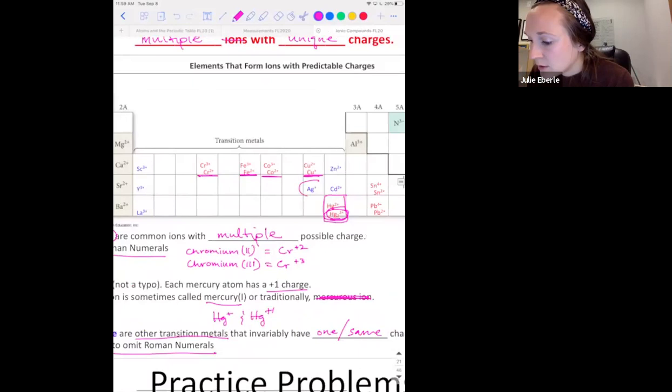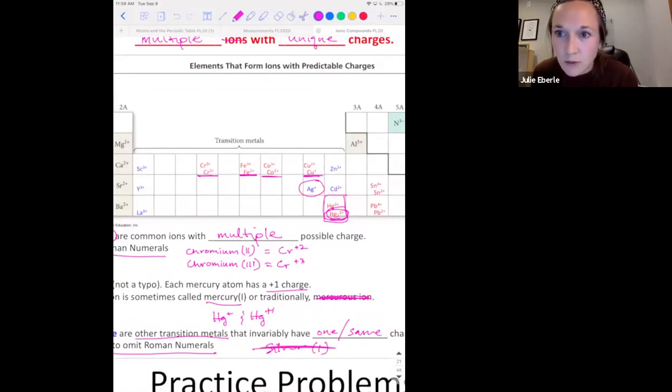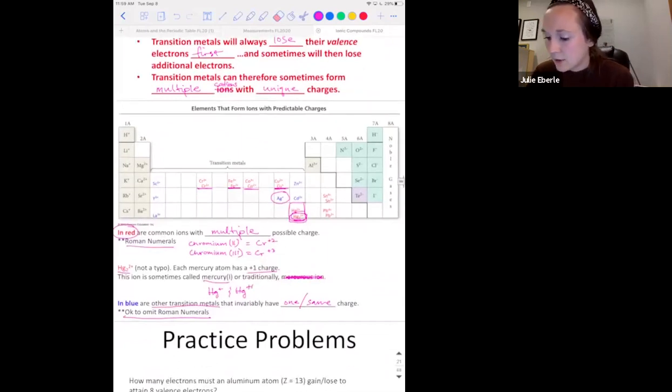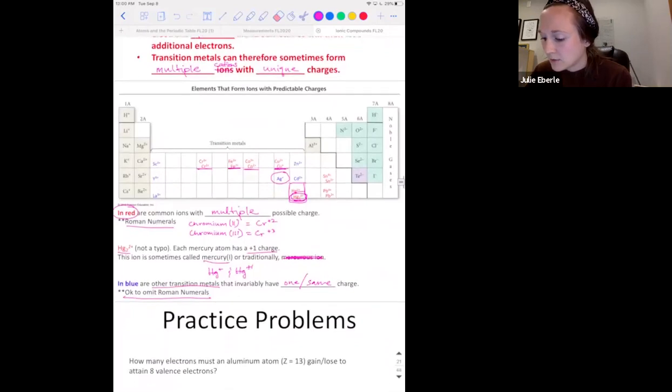For example, silver only forms a +1 cation. So we don't have to write silver 1. We don't have to do that because there's not a silver 2 or 3. We only have silver 1. So if you just write silver, then you're going to know it's the +1, okay? So I wanted to point that out. This makes transition metals really complex, and I get that, but you have to know that about transition metals.